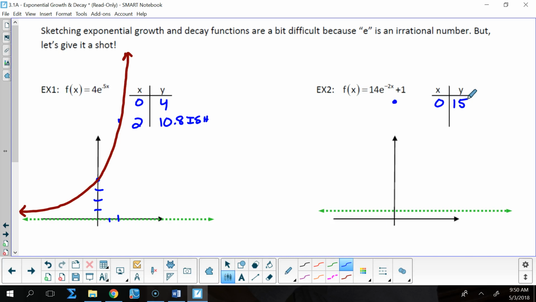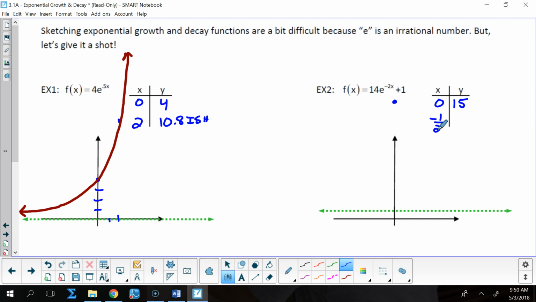What value of x is going to make my exponent be 1? Negative 1/2, right? Negative 2 times negative 1/2 is positive 1, so I get e to the first power, which is 2.7. 2.7 times 14 is 37.8.